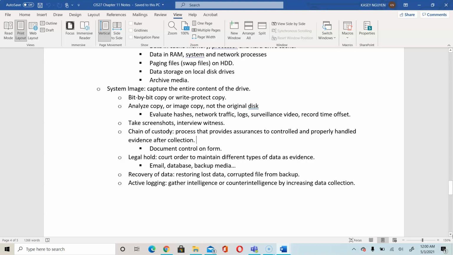Active logging is gathering intelligence or counterintelligence by increasing data collection. So we can look at our sets of data and have a better understanding of what is happening based on the active information in the log.